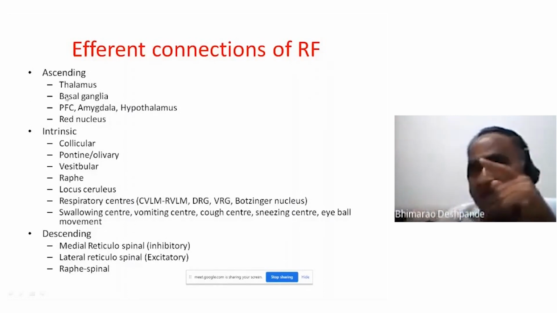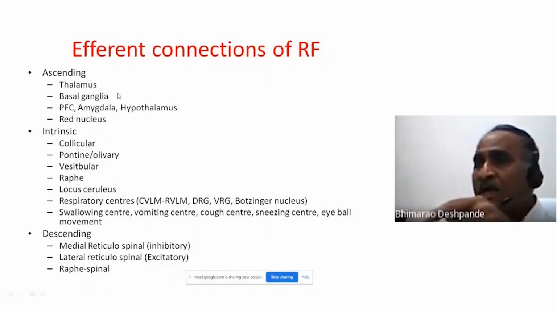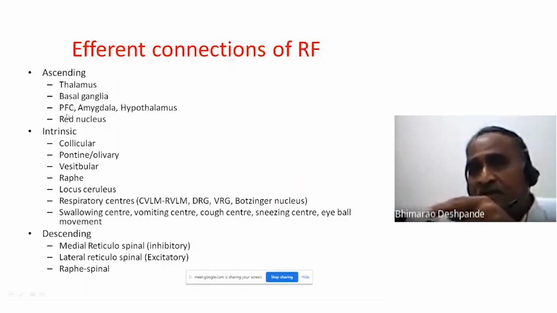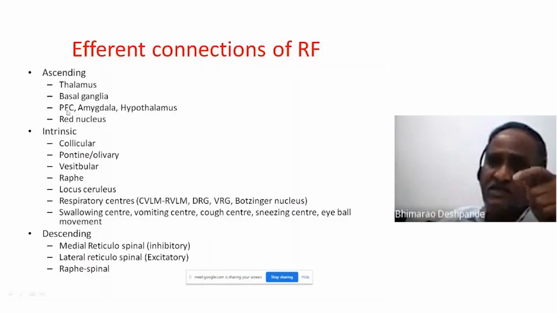Then we have the reticulobasal ganglia connection, from the pedunculopontine nucleus to the basal ganglia, going through the substantia nigra pars compacta. Then we have the prefrontal cortex, amygdala, and hypothalamus, received from the lateral nucleus of the thalamus.